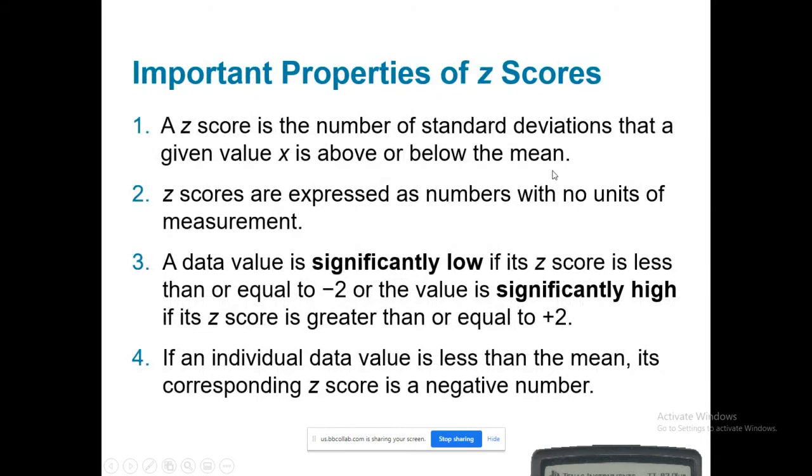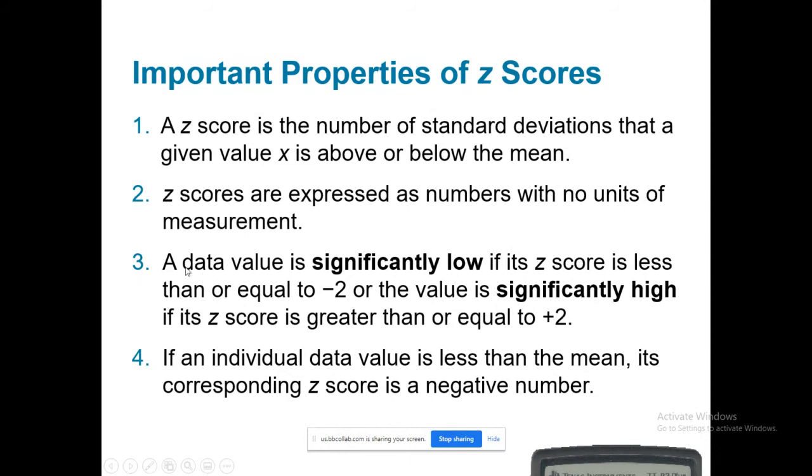Here are some important properties of a z-score. A z-score is the number of standard deviations that a given value x is above or below the mean. Z-scores are expressed as numbers with no units of measurement.